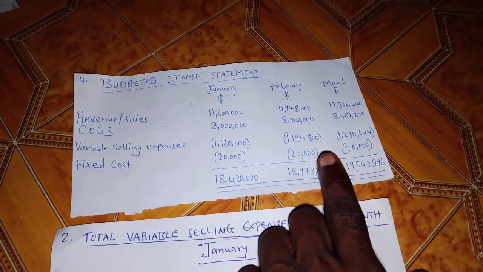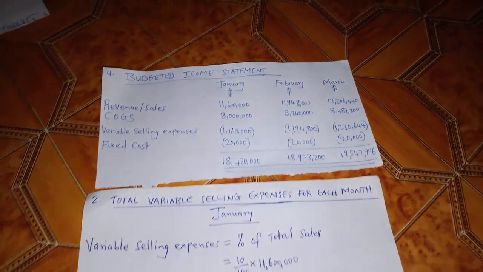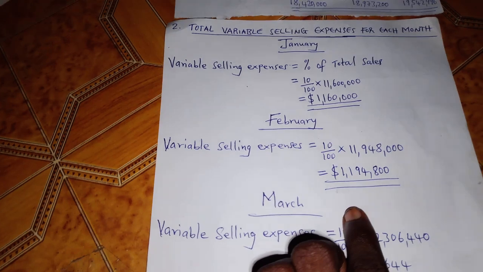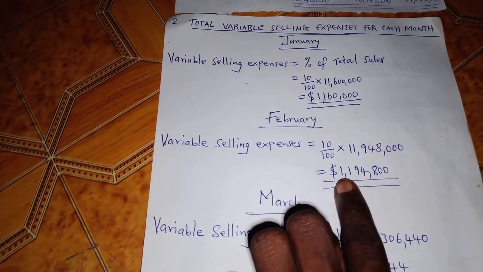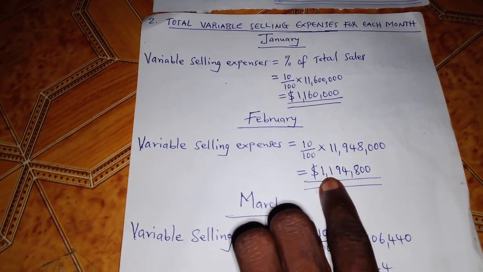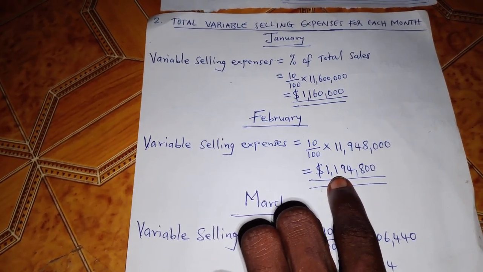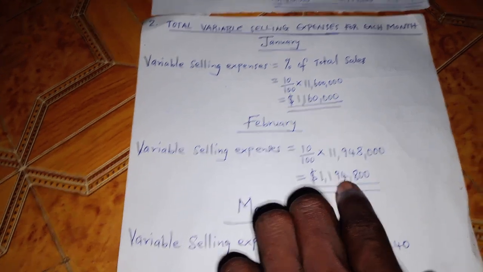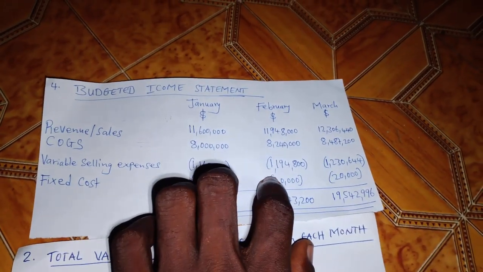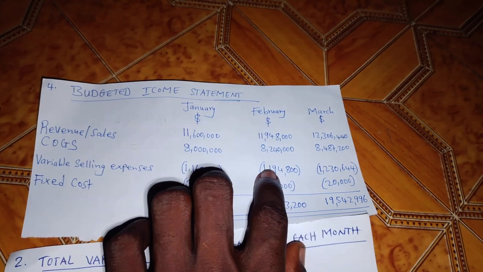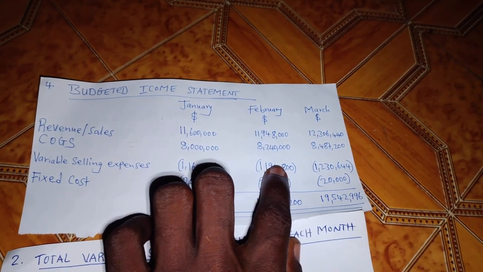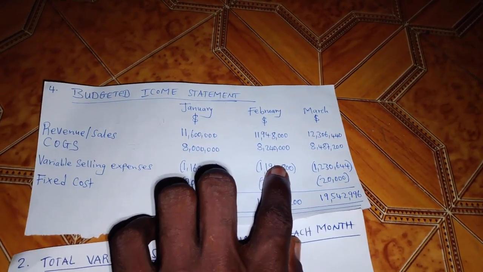So we are going to consider again the variable selling expenses total for February. As you can see, 1,194,800 is what is indicated here, in the form of brackets again.